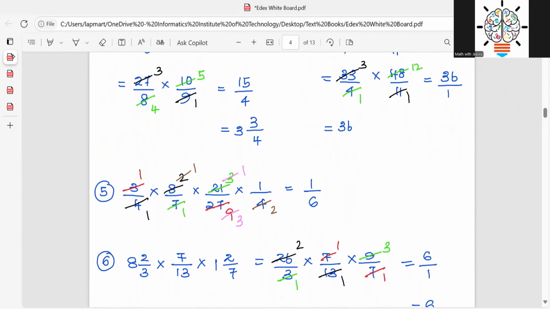Here, in question number 5, you can see we have 4 fractions. And you see the different colors I have used. The green color one is how I cancel. Then the pink color one, then the brown color one, then the purple one. So likewise, you slowly see what numbers I have selected to simplify. For example, if you look at the green color one, you can see I have simplified 7 and 21.